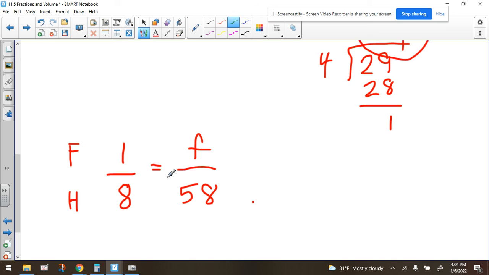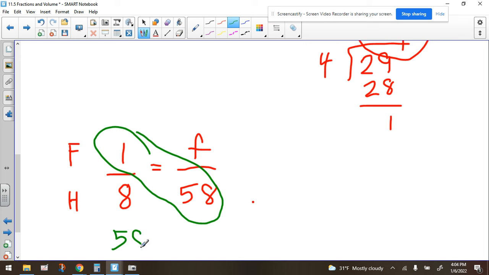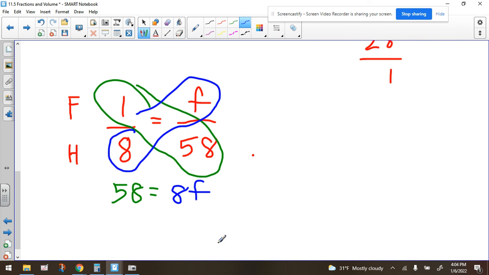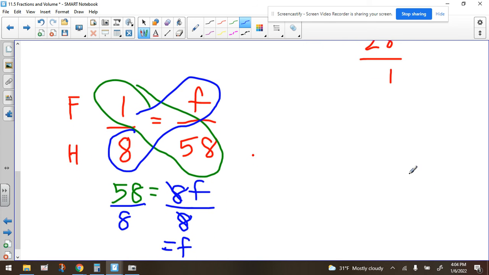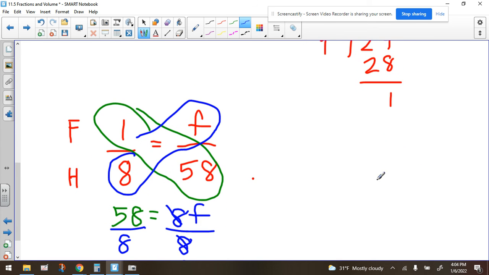And if we solve this, we would do 1 times 58 is 58. The other cross product would be 8 times f, which is 8f. We would be dividing by 8 because that's the coefficient. That's the opposite of multiplying. This would cancel out. And we'd still be looking at doing 58 divided by 8, which is the same thing as 29 divided by 4.